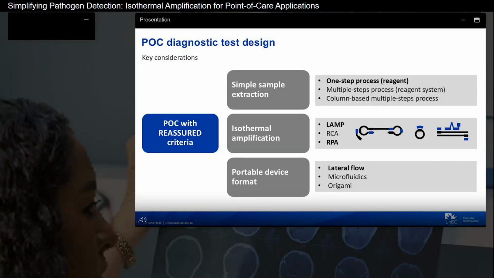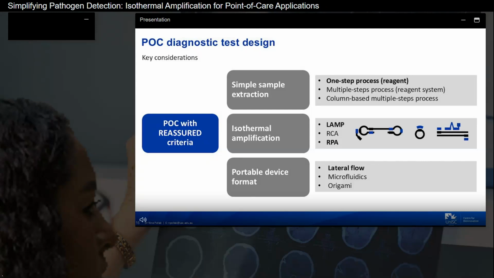There are three crucial steps in the point-of-care test process: sample extraction, isothermal amplification, and a portable device format. Simple sample extraction ideally involves a one-step process, or in other words, a single reagent, instead of multiple steps, what I would call a reagent system, or a complex column-based multi-step extraction.